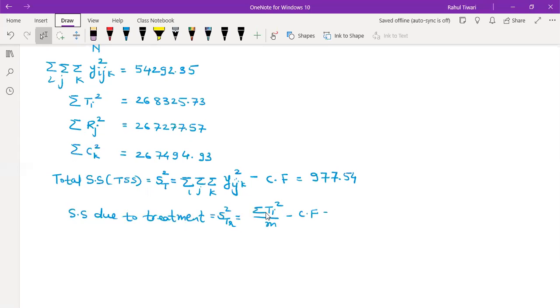So you have the total divided by M and you will get the answer, which is I think 350.336. Just cross check.